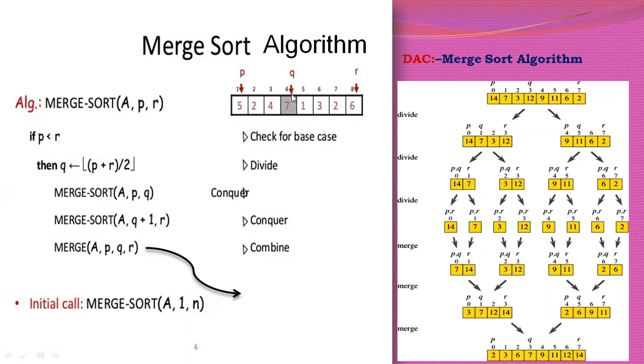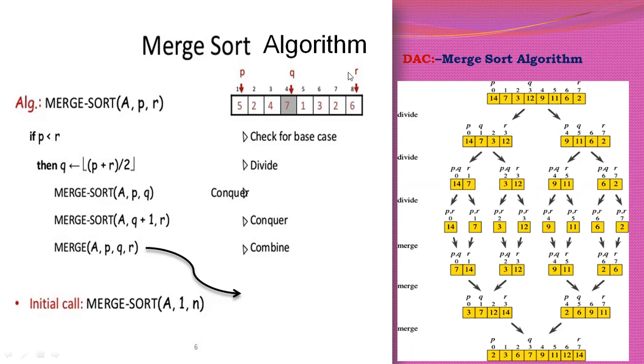The mid element is equal to the first element plus the last element, divided by 2. Here the first element's array index is 1 and the last element's array index is 8. 8 plus 1 by 2 is 9 by 2, which is 4.5. Here, in this case, 4. A of 4 is considered as the mid element.